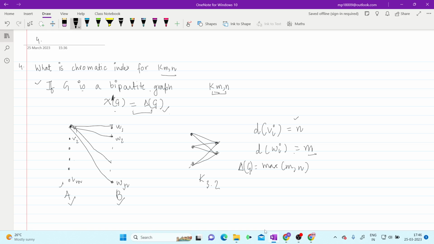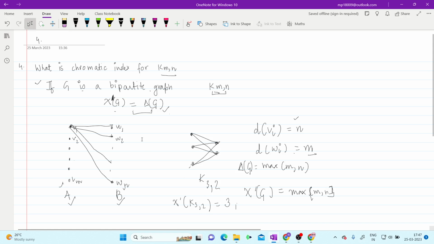Therefore, using this theorem, we conclude that the chromatic index of a complete bipartite graph is the maximum of m, n. So for K3,2, what is the chromatic index? 3. Yes. Now we know the chromatic index for any complete bipartite graph.